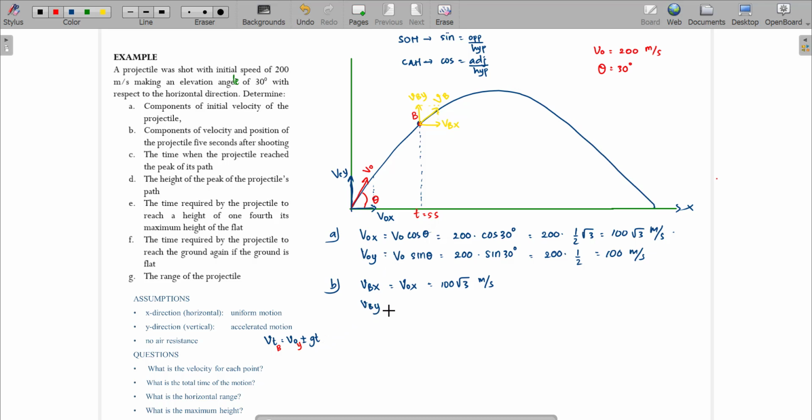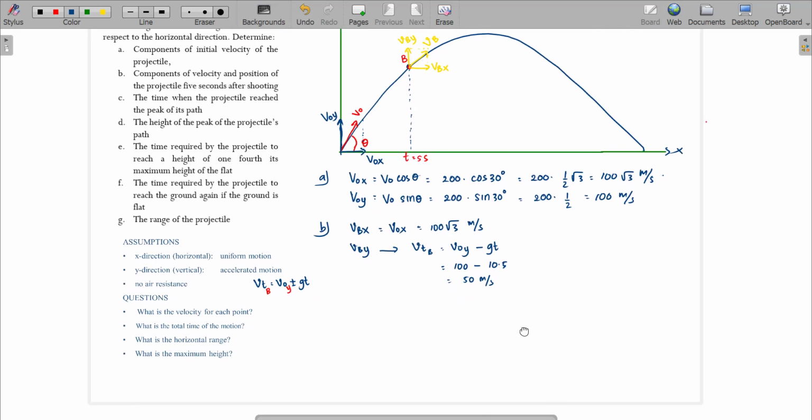So how much is VB in the y-axis? Vt, the final at position B, equals the initial velocity in the y-axis, because it's going up, minus gravity because it's opposite to the natural direction of gravity, multiplied by time. The result: V0y is 100 minus gravity 10 times time 5 seconds. So the result is 50 meters per second.